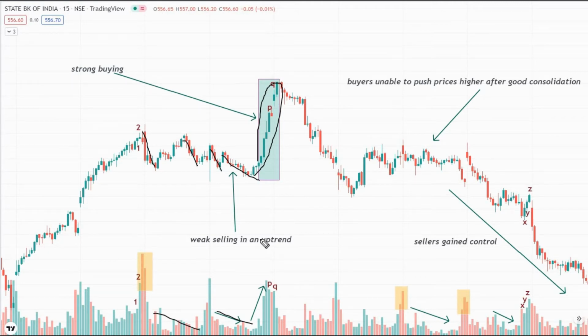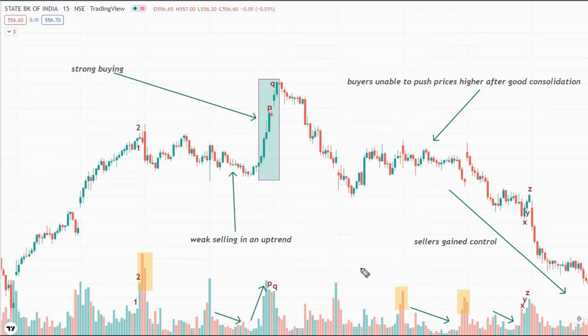Just remember that we are just discussing now the price bars and the subsequent volume activity. Later on we will add the market structure and look for potential low risk high reward trade setups. For now we are analyzing the price bars and the subsequent volume activity. Now huge buying momentum with surge in volume after this decrease in selling pressure.